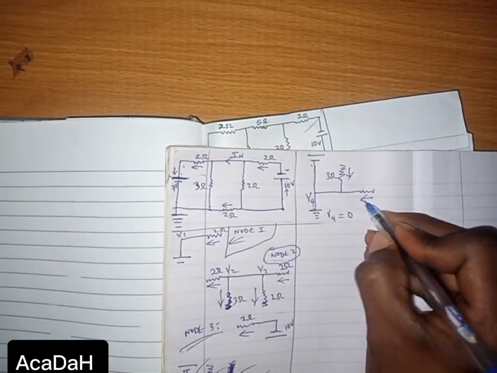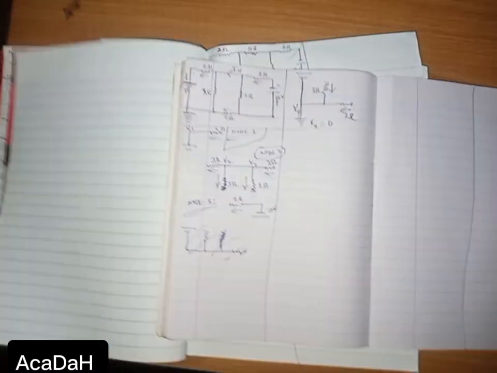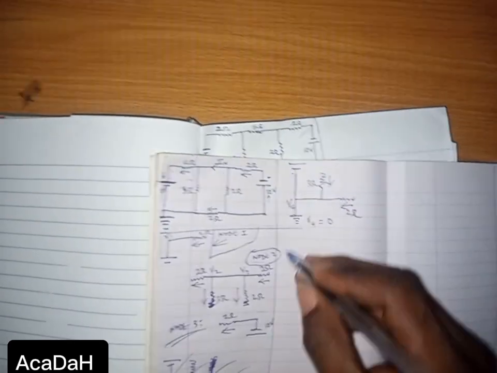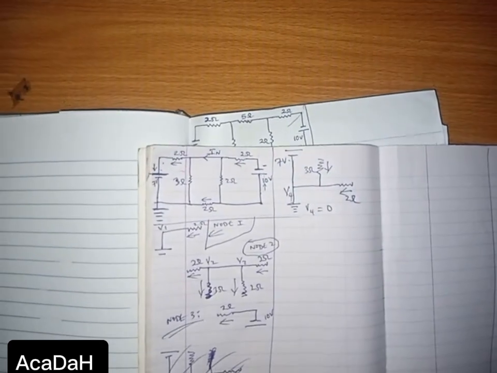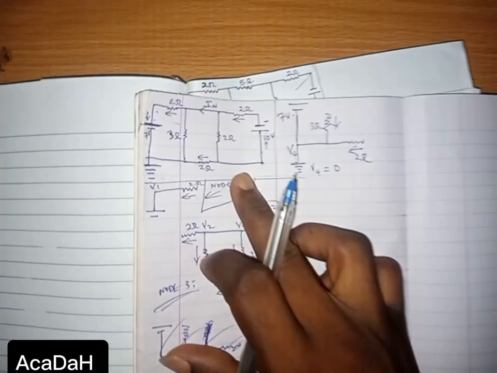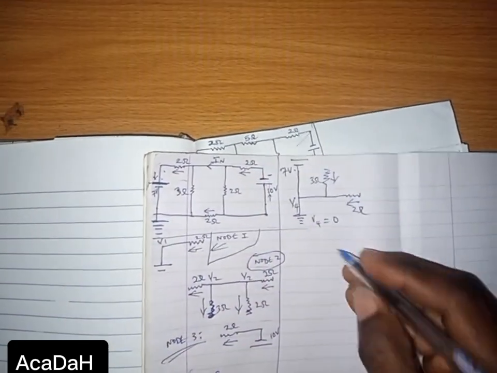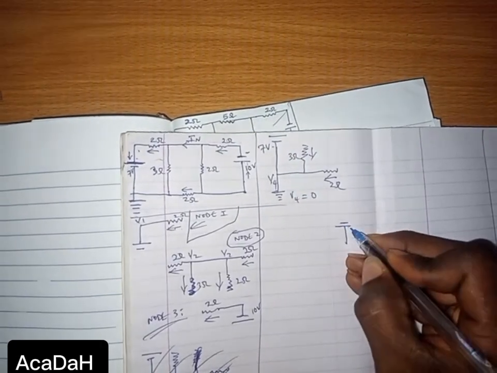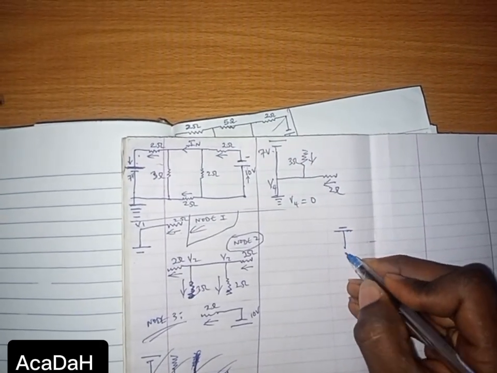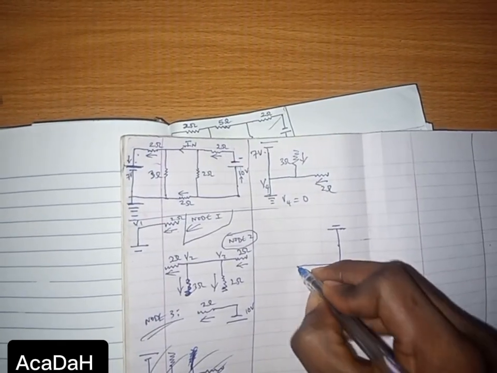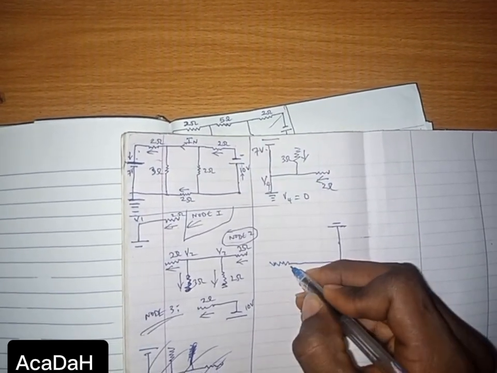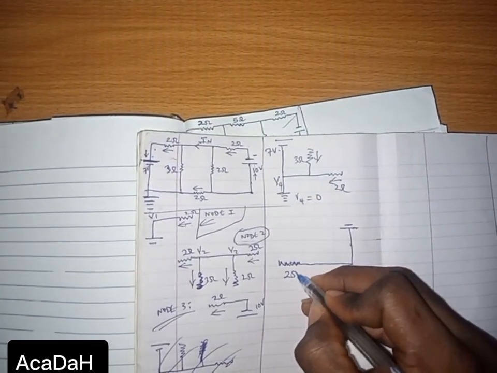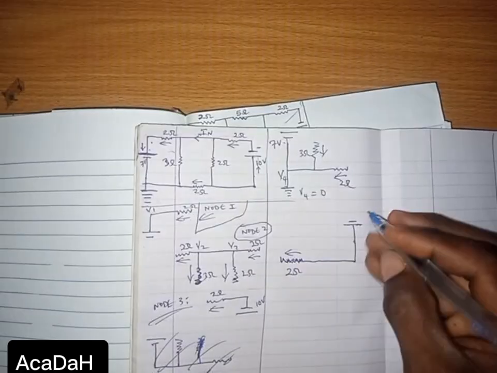Remember that this one is 2 ohms. And this is 7 volts. Then for node 5, the last node on this side, I now have starting from the resistor, 2 ohms going this way.